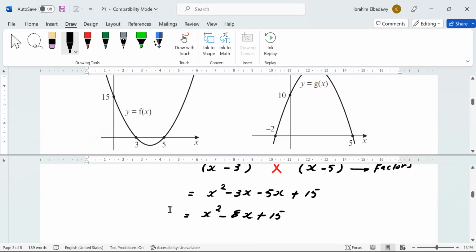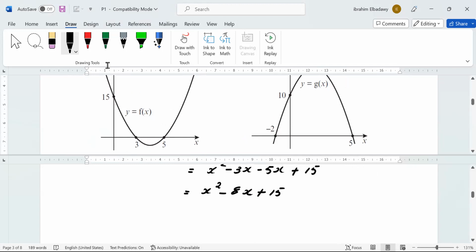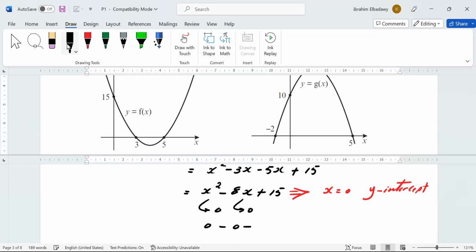So how can you get the y-intercept? Actually, once you simplify and expand your brackets, you have to put x equal to 0 to get the y-intercept. If you put x equal to 0, it will be 0 minus 0 plus 15. Then the y-intercept in this case is 15.